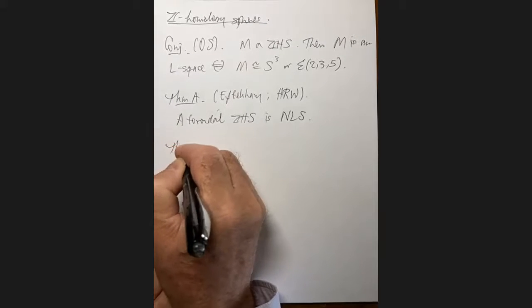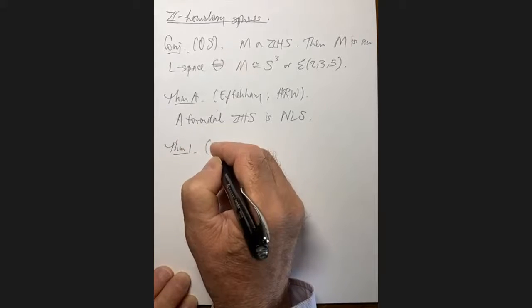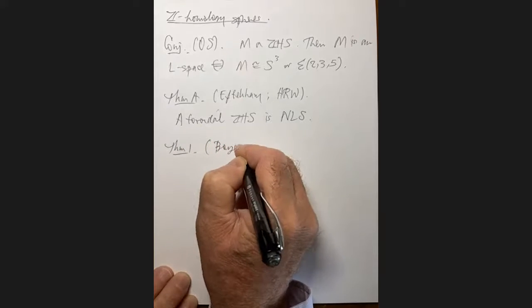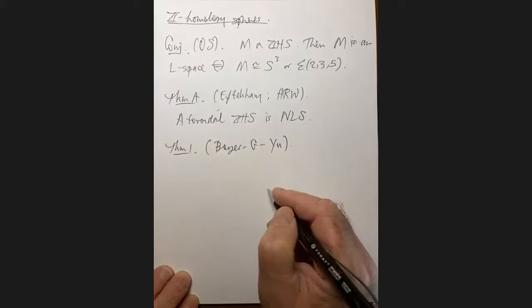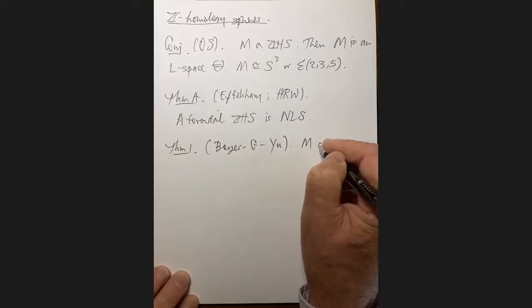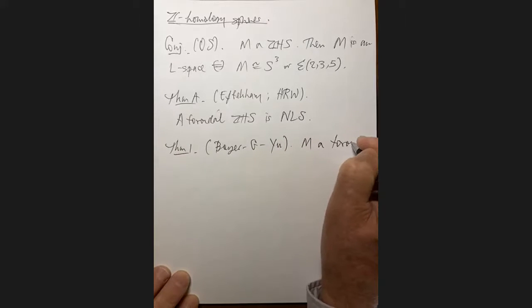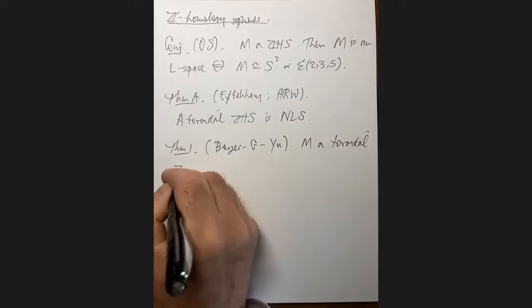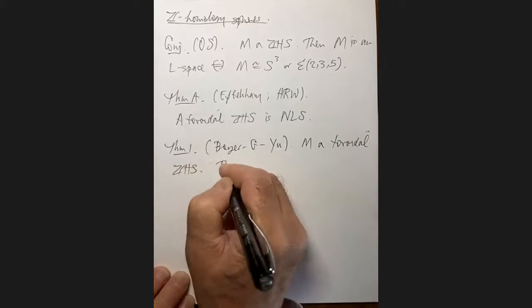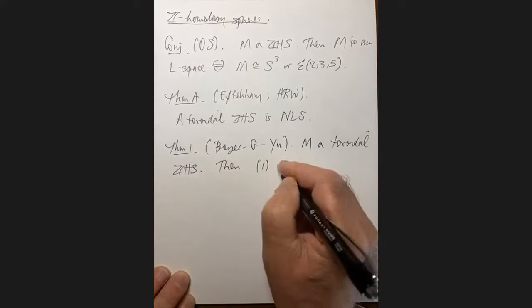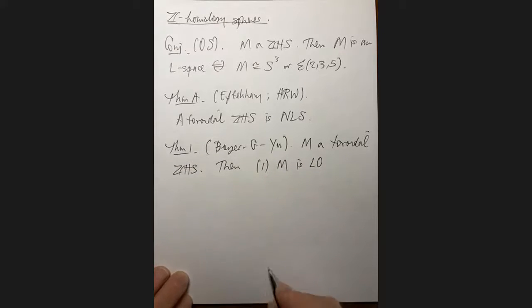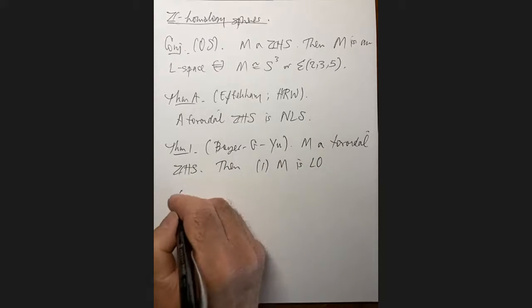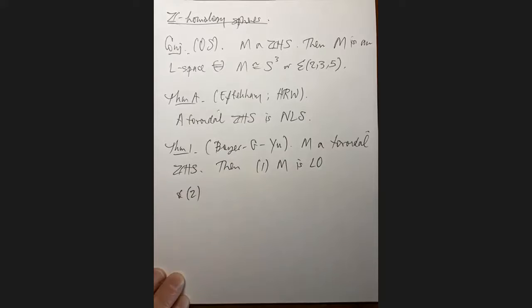So let me just mention that. This is, as I said, joint with Steve Boyer and Ying Hu. So suppose M is a toroidal integral homology sphere. Then indeed M is LO, its fundamental group is left-orderable. For CTF, again, we need this fibered condition.